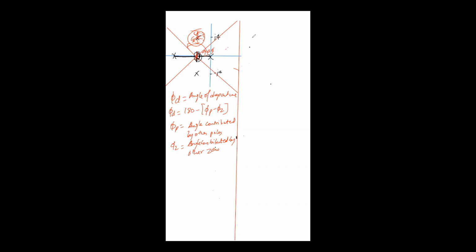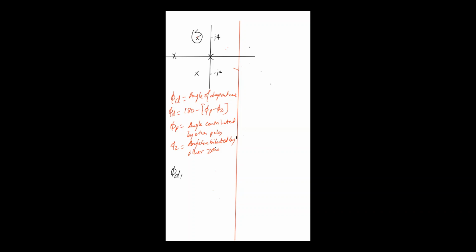Now if I erase some of this part, and if I erase this also, let us first calculate phi d1 for this pole.